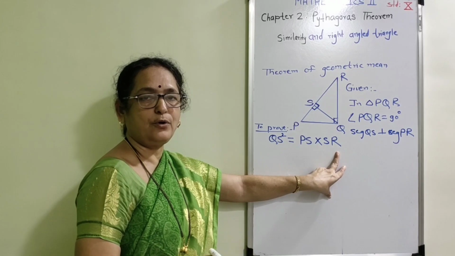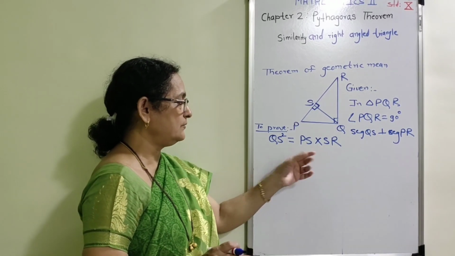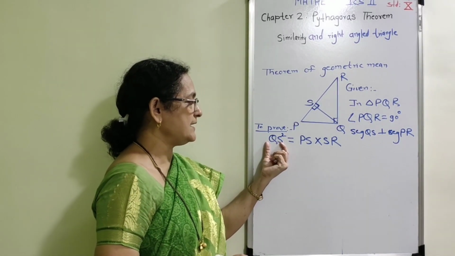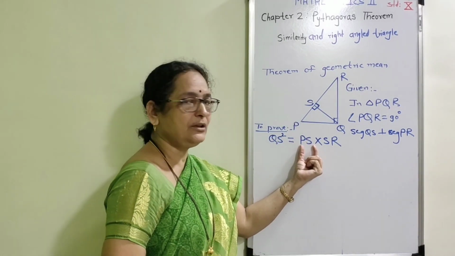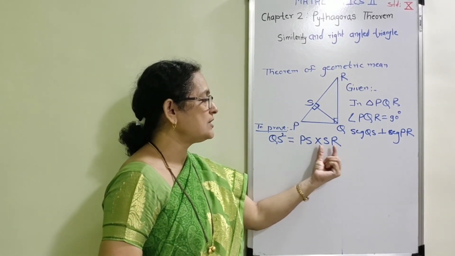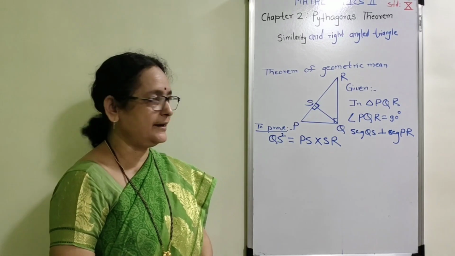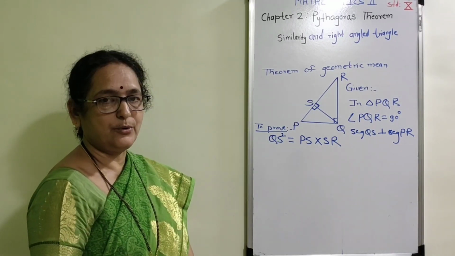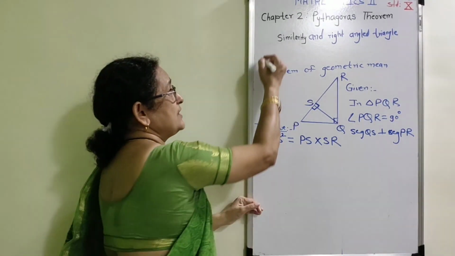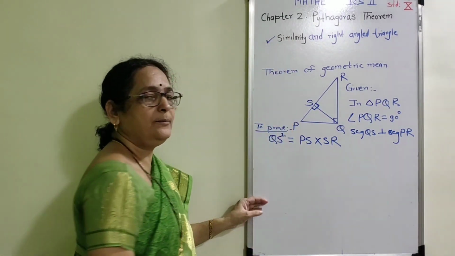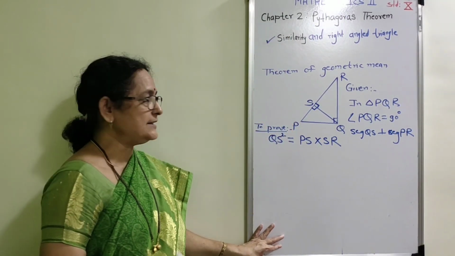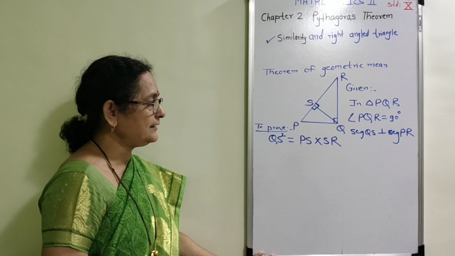That is, if I want to tell the property in words, this QS is said to be the geometric mean of the segments in which the hypotenuse is divided. Now observe the figure on the blackboard. Here I can apply the important property related with similarity in right angle triangles which we have just completed.